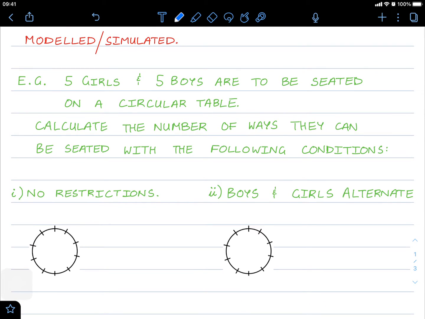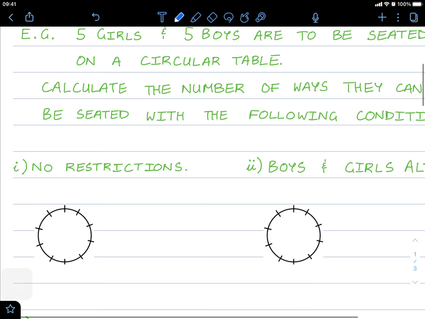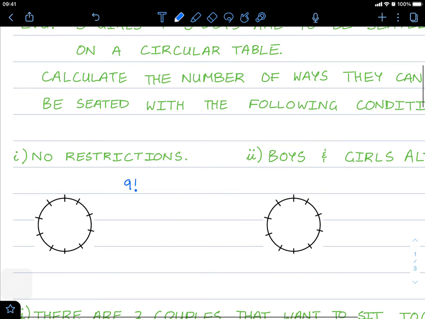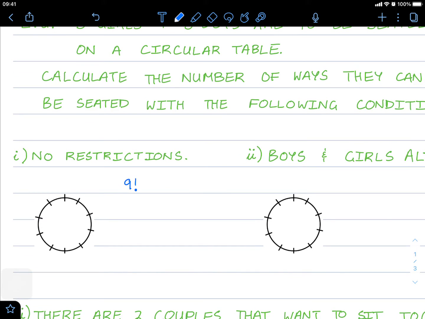By that I mean there are 10 objects in total, and because of the circular seating arrangement, it's always n minus 1 factorial ways to sit n objects in a circle with uniqueness. So there's no repetitions in that one. In reality, there's just 9 factorial for that one. That's very plain and simple.